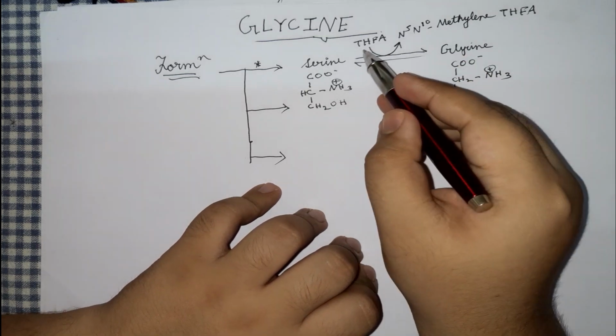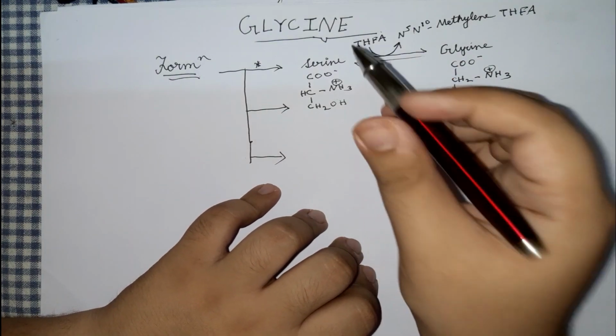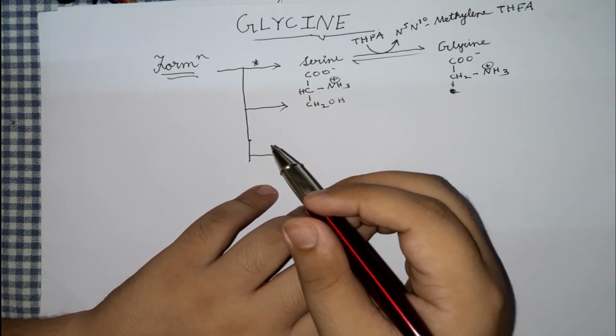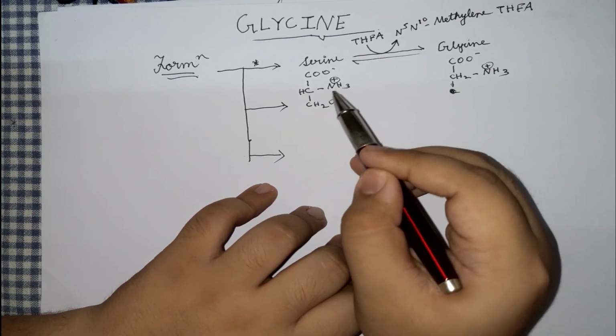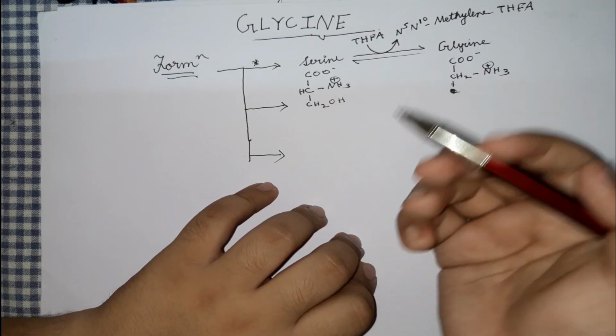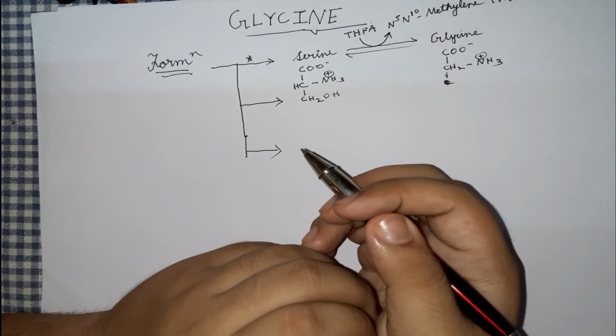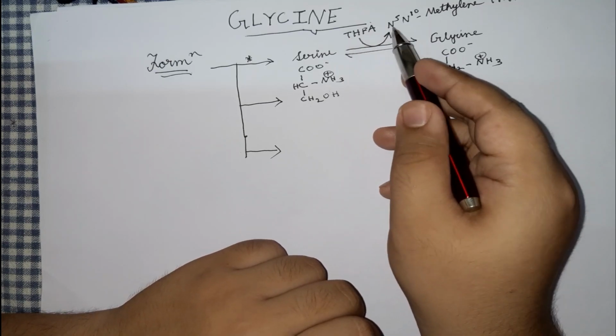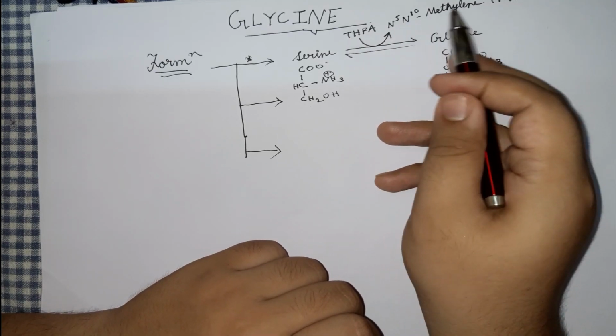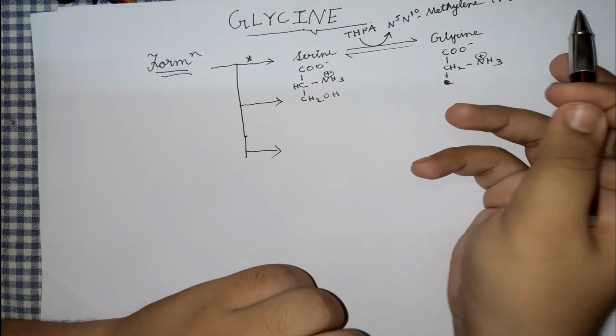It is a very important compound which accepts 1 carbon groups. Although CH2 is not methyl, CH3 is, this is a kind of a 1 carbon group. So THFA accepts this and converts into N5N10 methylene tetrahydrofolic acid.